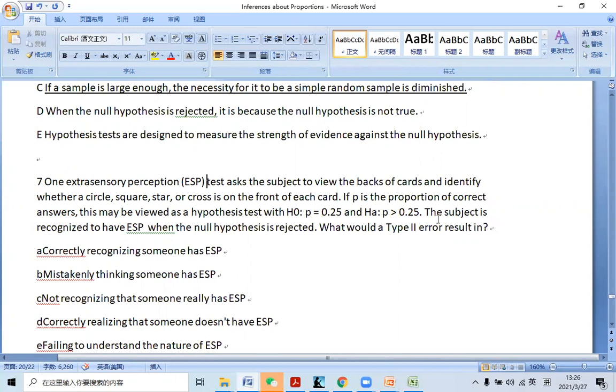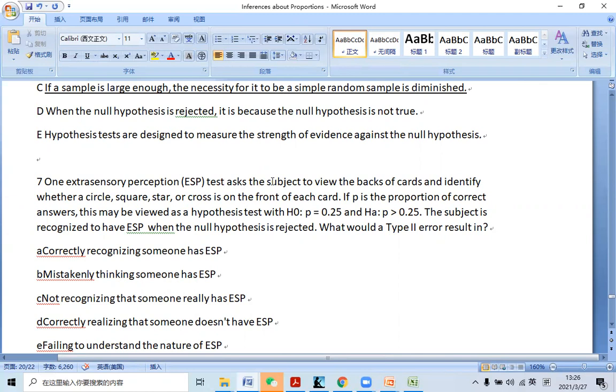Extrasensory perception is not real. It's like when you can see things that are normally invisible. If anybody claims to have this ESP, extrasensory perception, you want to test it.